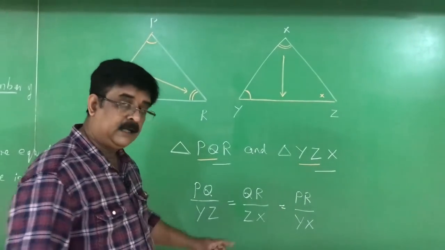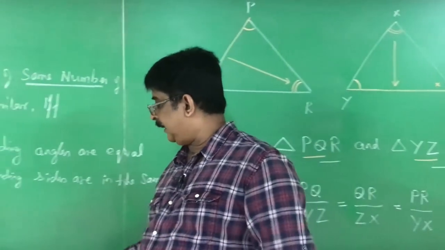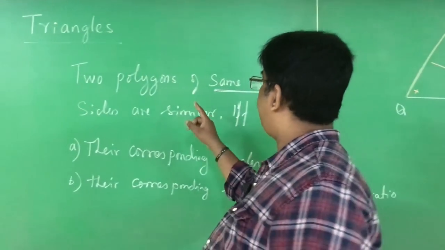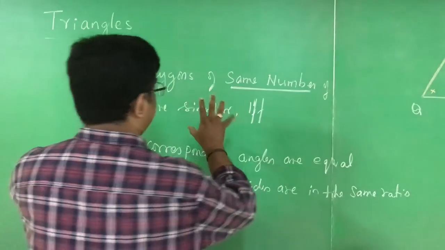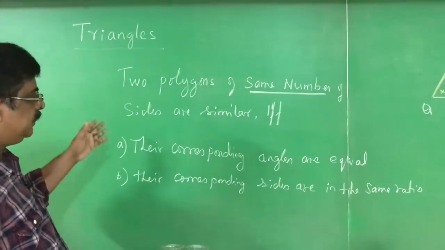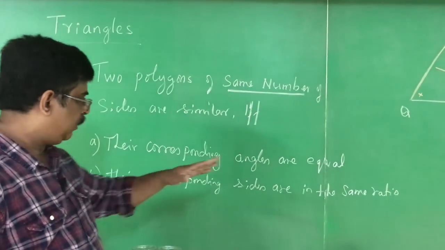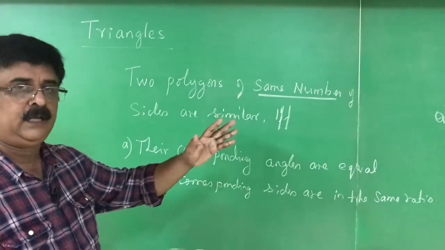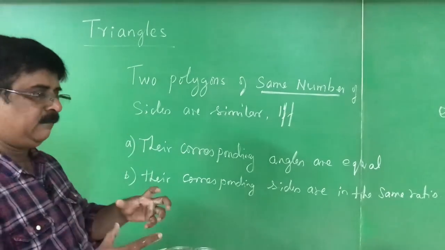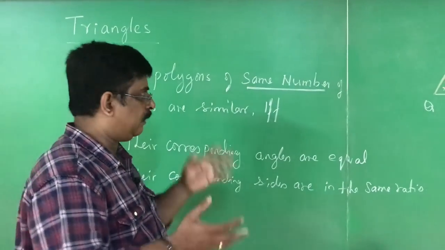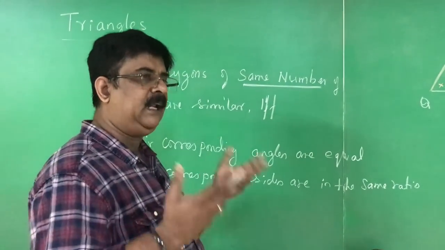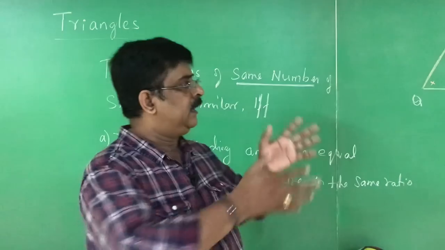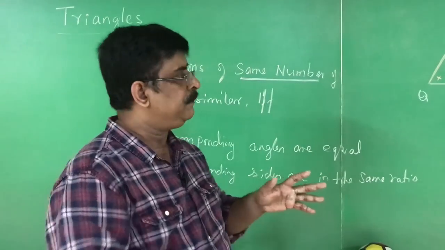Right? Now, I go back to the condition. What they are telling is, two polygons of the same number of sides are similar if and only if their corresponding angles are equal and their corresponding sides are in the same ratio. Therefore, see children, because our chapter is mainly based on triangles, I give examples only of triangles.